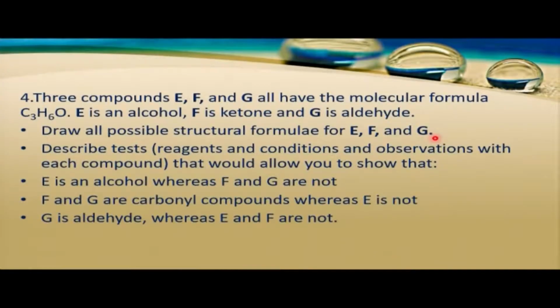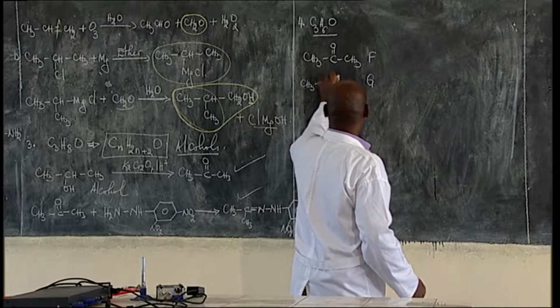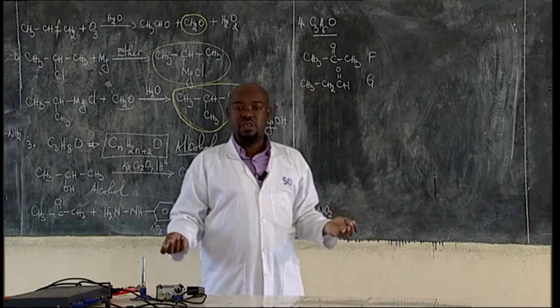So some questions may be very easy. You read them and immediately you get the answer. And G, the aldehyde, can only be CH3CH2CHO. Only this one. There is no other alternative.